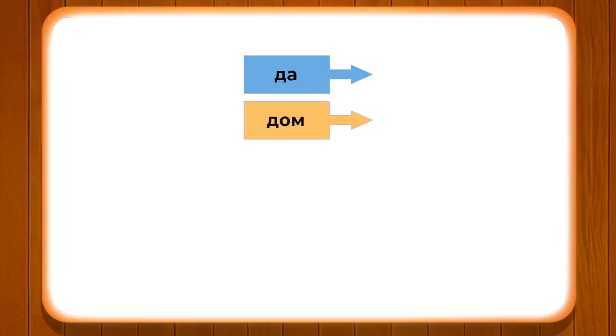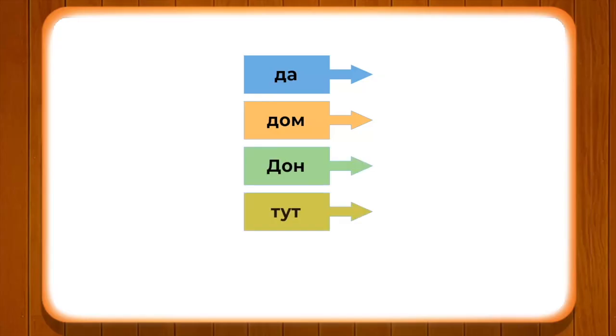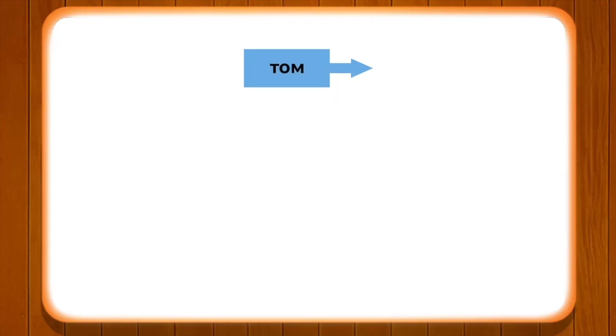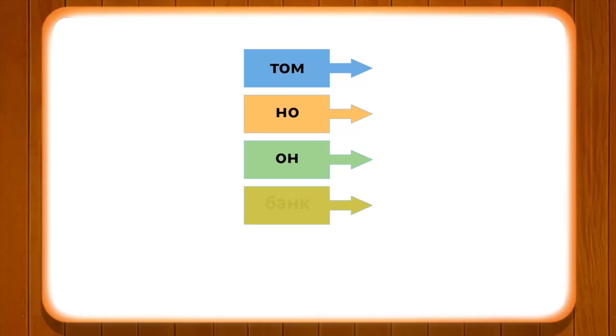In the word don, the stress is on o. In tut, the stress is on u. In the word tam, the stress is on a. Likewise in tom, it is on o. In no, it is on o again. In on, it is on o again, and in bank, it is on a, and on u in the case of the word um. So, I hope you will remember these important aspects of Russian phonetics while learning them.